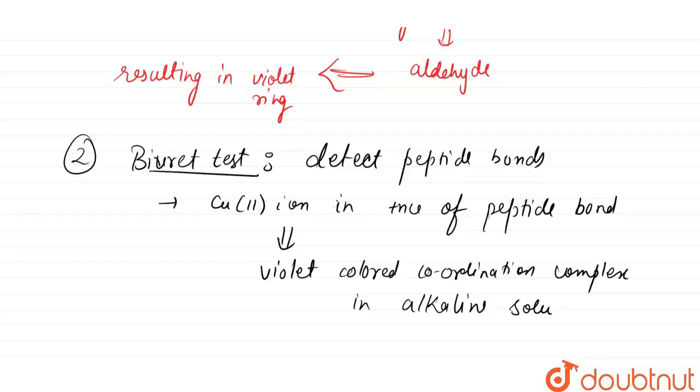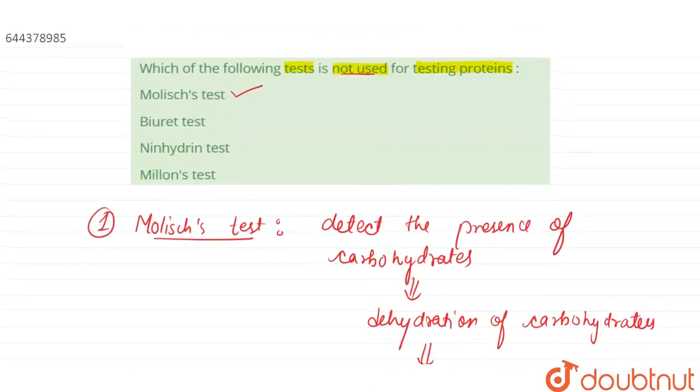So we know that peptide bond is present in proteins, or you can say amino acids. So this option is wrong because it is used in testing proteins.